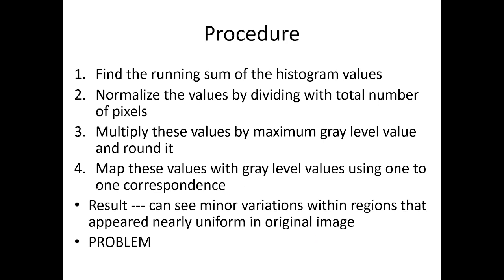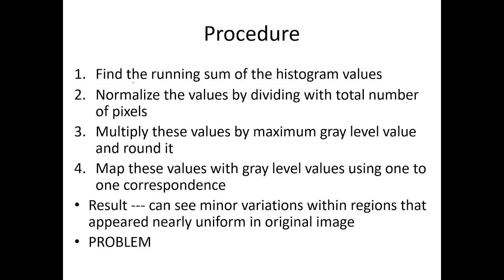How is it done? By summing up all the histogram values with similar gray values and normalizing by dividing by the total number of pixels. That gives an average gray. Then multiply by the maximum gray value.